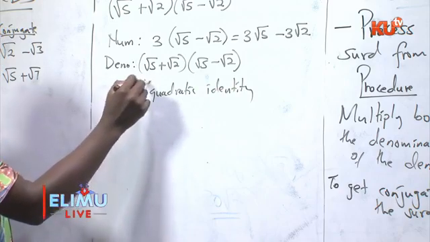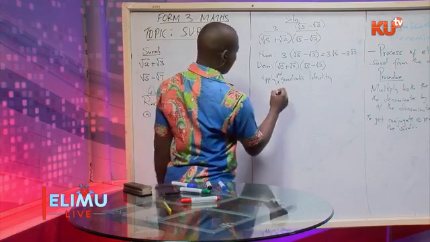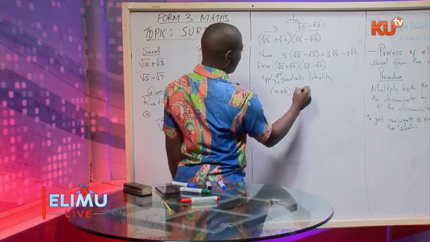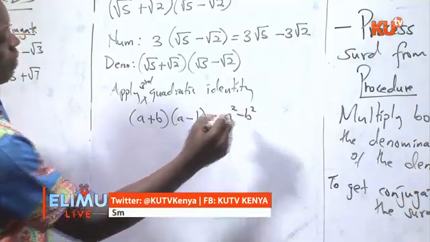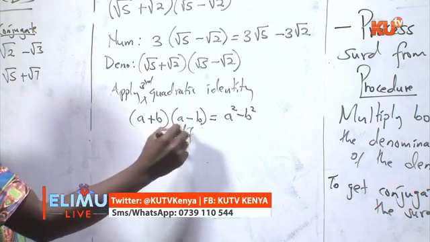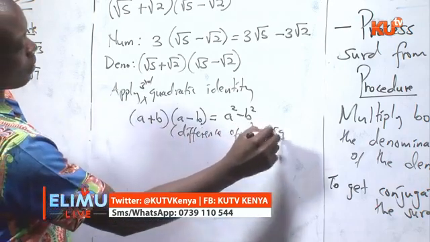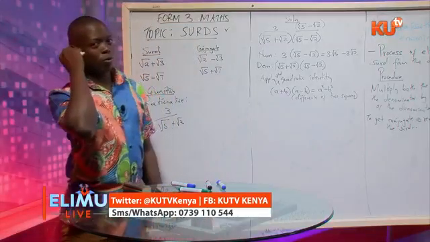That should be the third quadratic identity. And what's the third quadratic identity? A number A, add a number B, multiply by number A less number B, it should be A squared less B squared. What we call the difference of two squares. That is the third quadratic identity taught in Form 2.